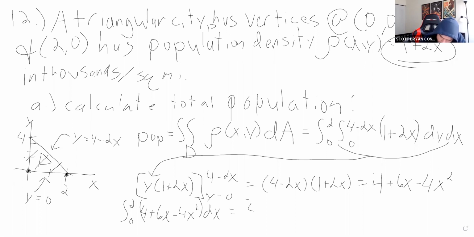And so we get 4x plus 3x squared minus 4/3 x cubed from x equals 0 to 2.